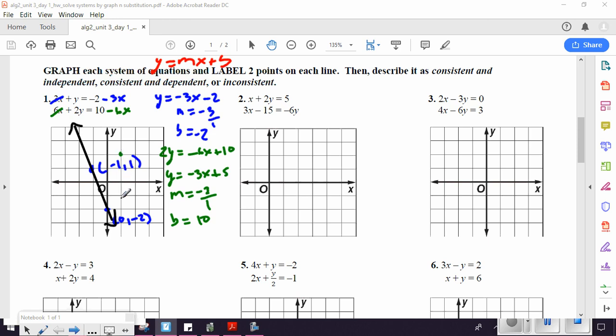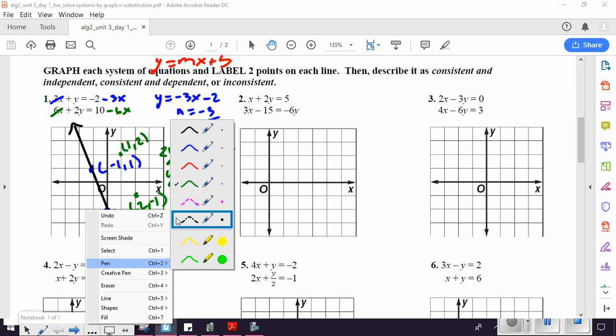So again, when it's negative, you fall and move right, or you go up and move left. So this ordered pair is 1, 2. This ordered pair is 2, negative 1. And then we draw the line.